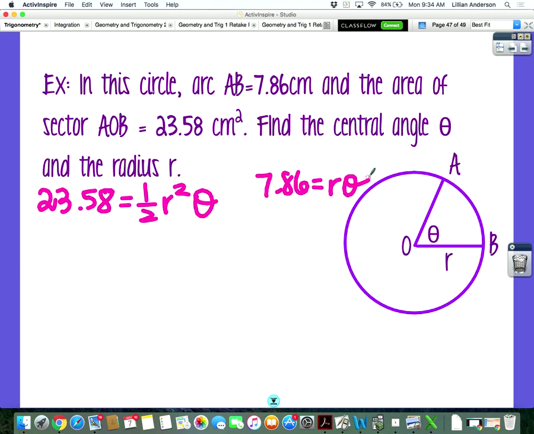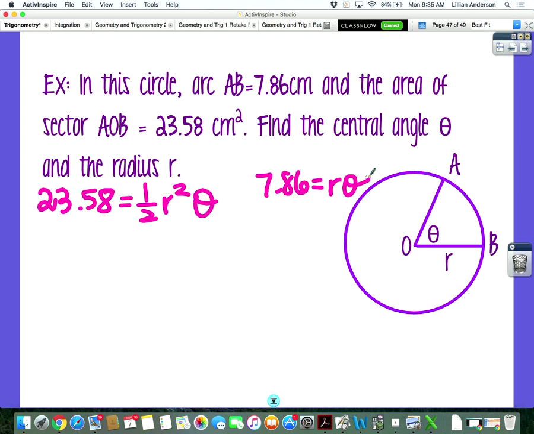So you basically have two equations where you have two different variables that you don't know. You can do substitution or elimination. Okay? But which one are you actually going to use here? Substitution or elimination? It's going to be substitution.